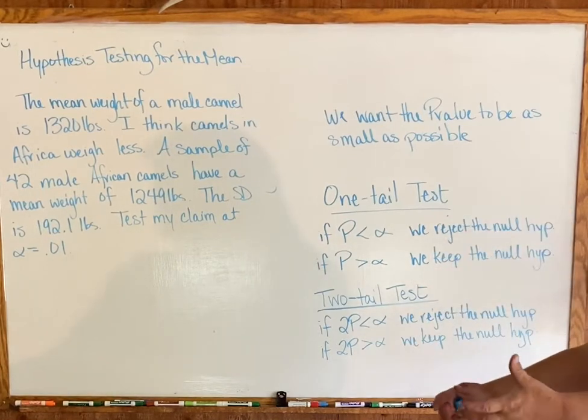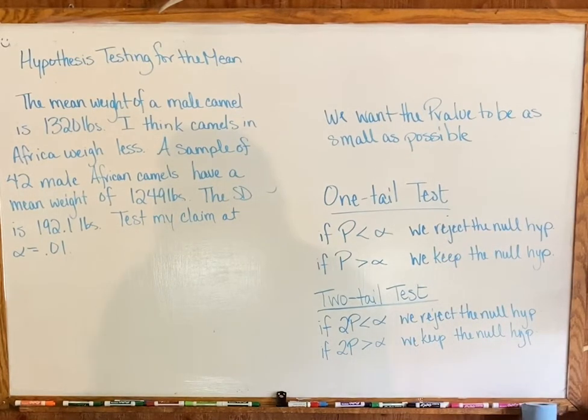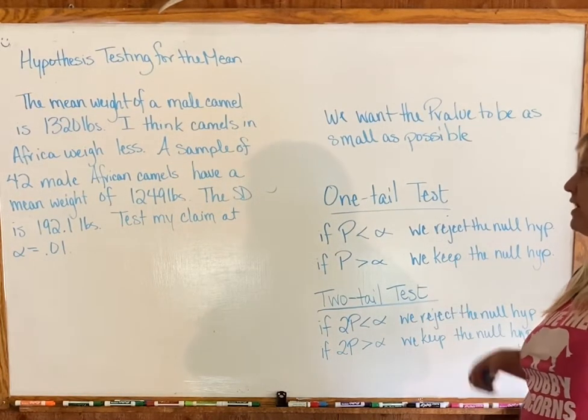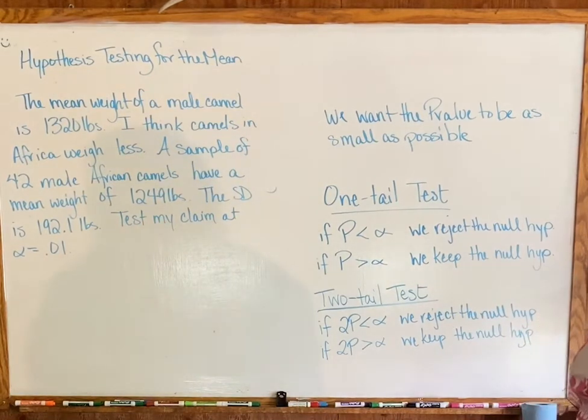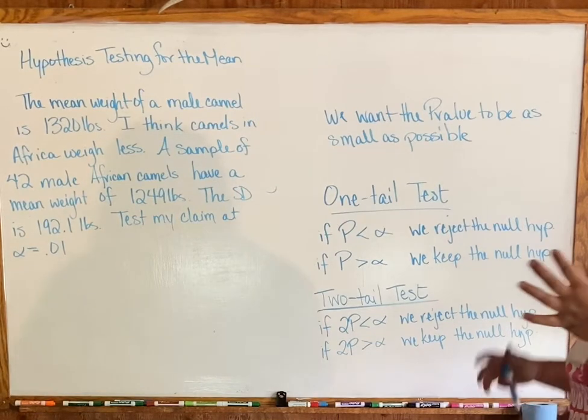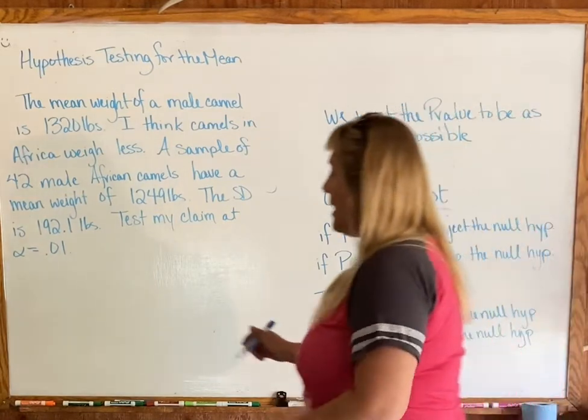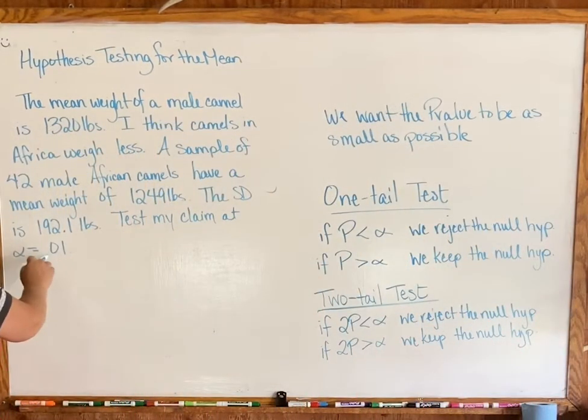A sample of 42 male African camels have a mean weight of 1,249 pounds with standard deviation. And then it says test my claim at alpha equals 0.01. So whoever I'm doing this study for is allowing me a 1% chance of making a type 1 error. So they're allowing me a very small chance of screwing this problem up.